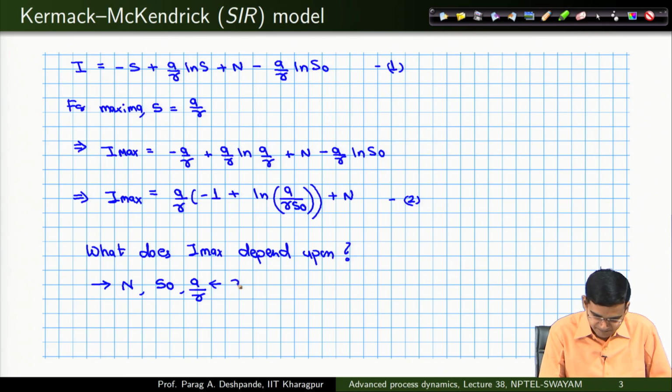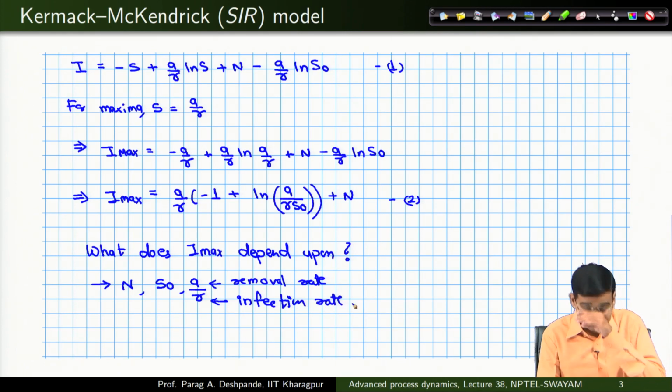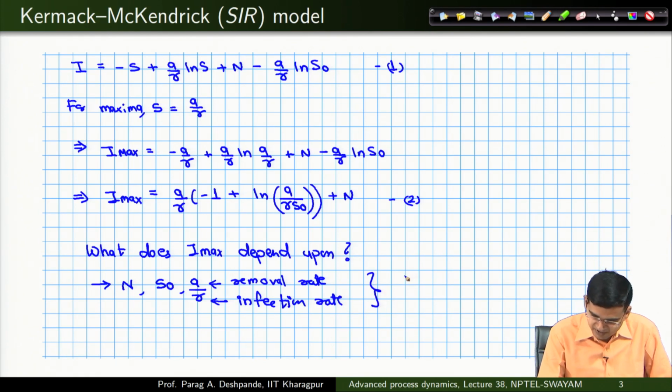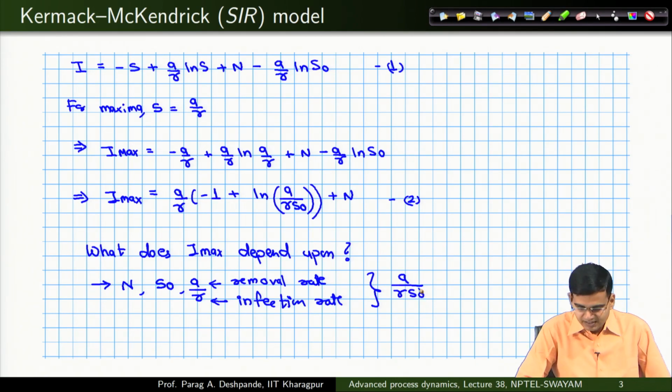A is the removal rate, R is the infection rate, and in fact, what you have done is you have clubbed this in A by R S 0, right, which is what?